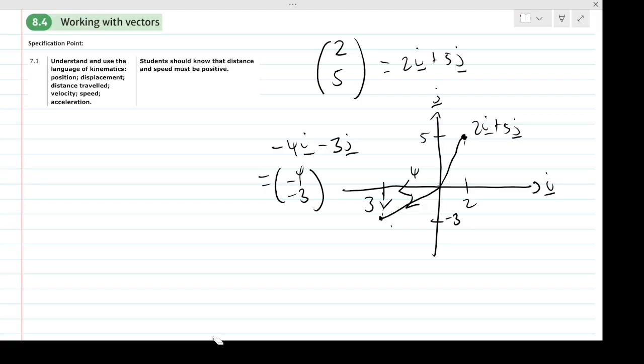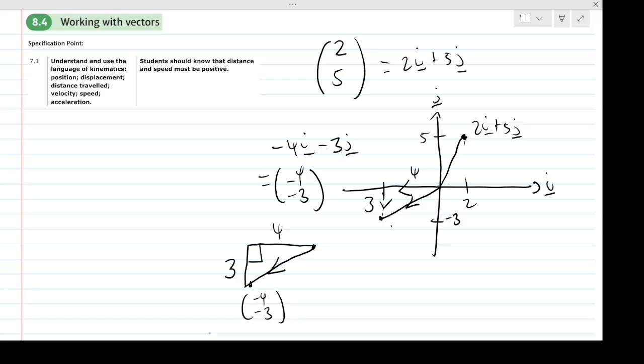If I zoom in on this vector here, we have the origin, and again this vector is minus 4, minus 3, so we go 4 across then 3 down. Now the length of the vector, so the physical length of the line from the origin to the point here, is the hypotenuse of this right angle triangle.